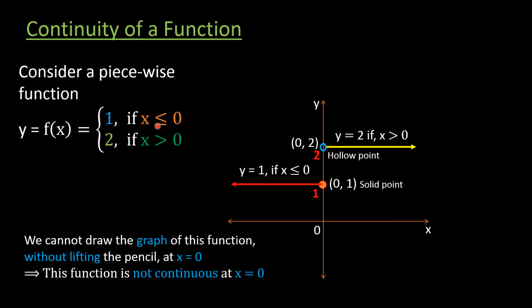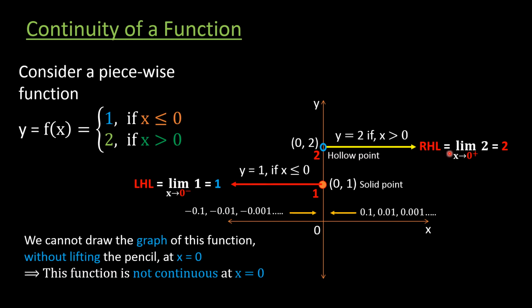When x is negative, the left-hand limit will be limit 1 as x approaches 0 negative, which will be 1. When x is positive, the right-hand limit will be limit 2 as x approaches 0 positive. This limit will be 2.